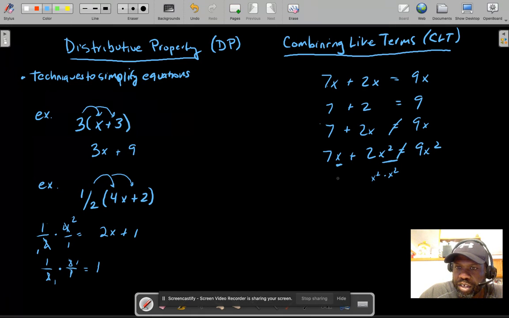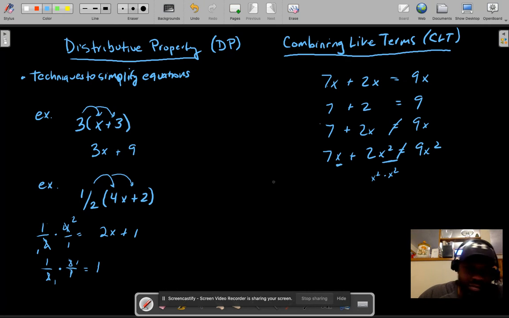So that's another technique. Okay, so again, this is exactly how you would do combining like terms. It's making sure that you have the same variable, same properties of each monomial in the expression. Okay, I know it's tough to understand, but that's the word I came up with today. Okay, so let's move on.